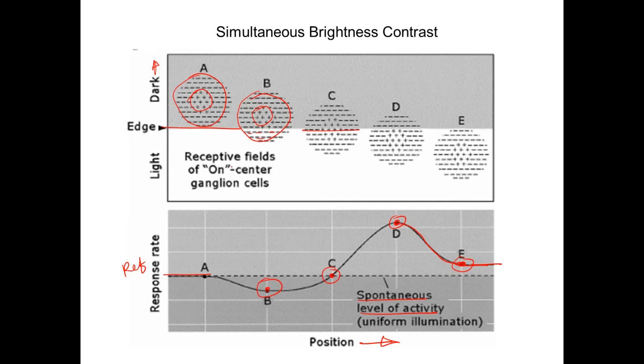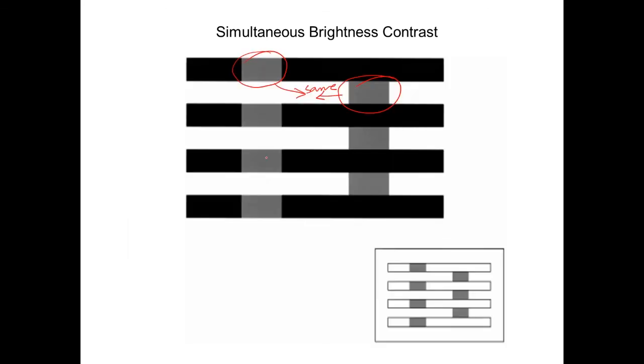So the theory of receptive fields is not explaining the simultaneous brightness contrast very well. Researchers are still searching for convincing answers. If you are interested, you can go through this paper and find out more details about it.